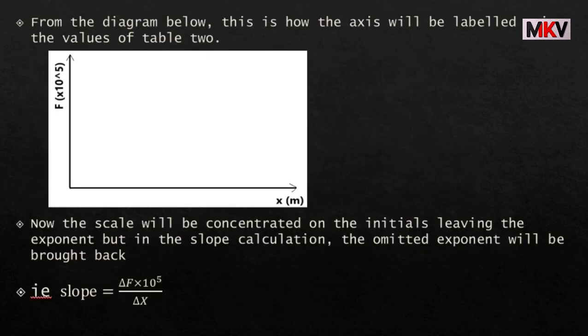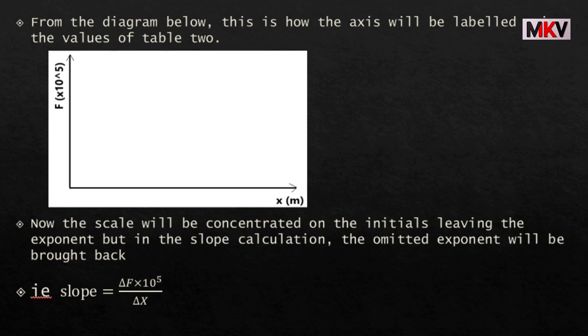After choosing the scale, plotting your points and getting your slope, now onto your slope calculation. This is how it will be done. Since you omitted the exponential from the graph plotting, in the slope calculation you're supposed to bring the exponential back.